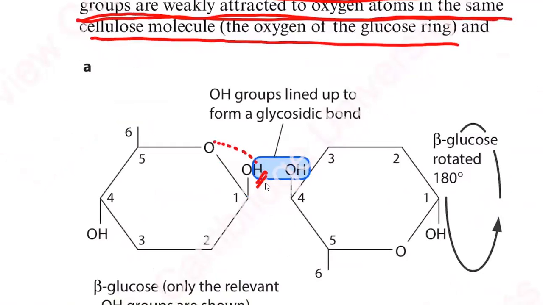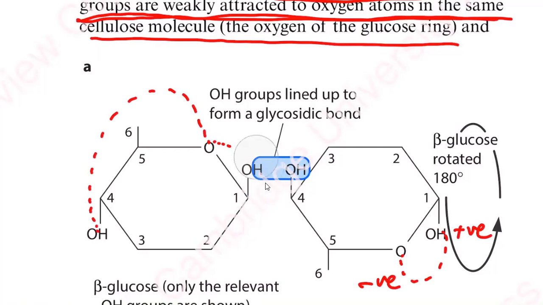The hydrogen atom of the OH group is attracted to the oxygen, and again the hydrogen atom of the OH group is attracted to the oxygen, because hydrogen is electropositive and oxygen is electronegative. We remove this one because it will be removed, right? Again, hydrogen is electropositive, oxygen is electronegative. Many bonds have formed, right?